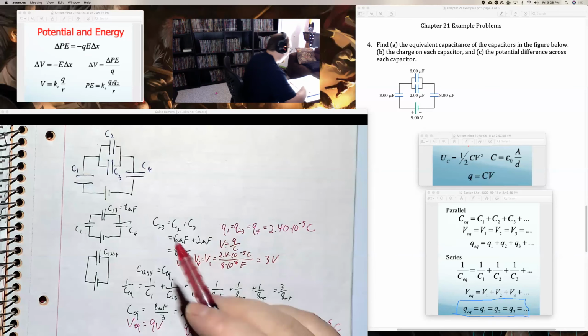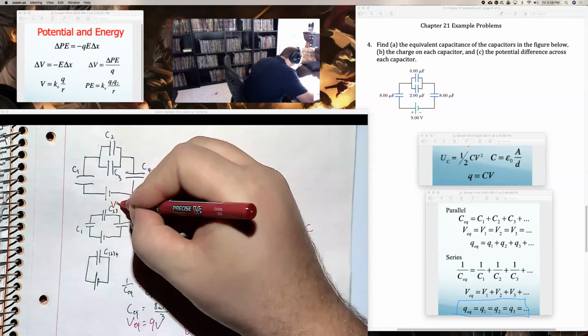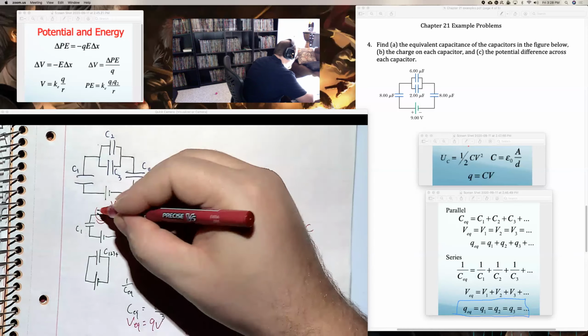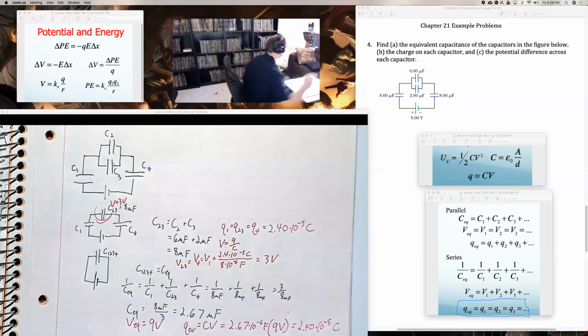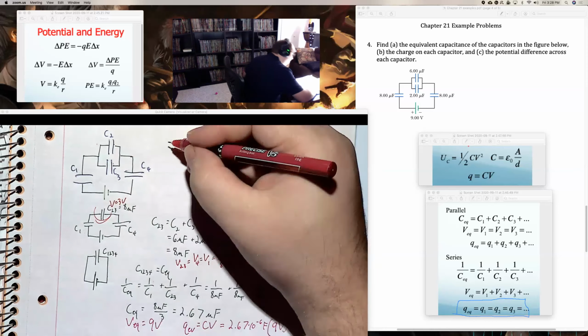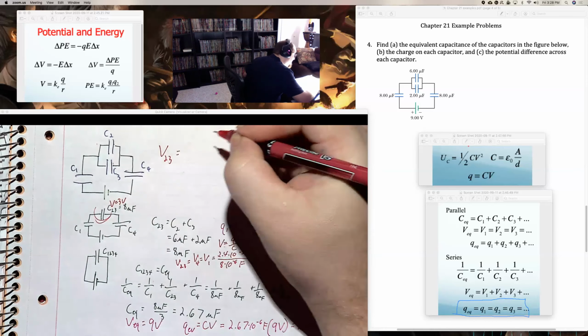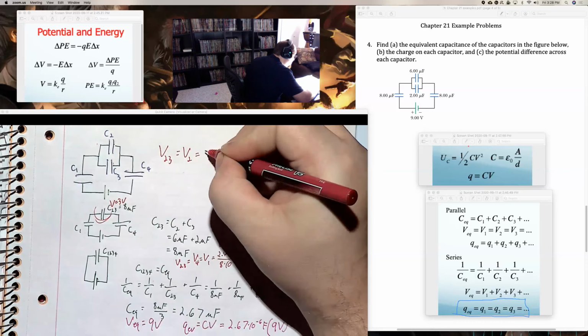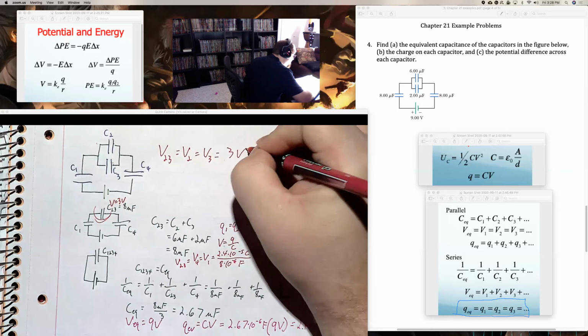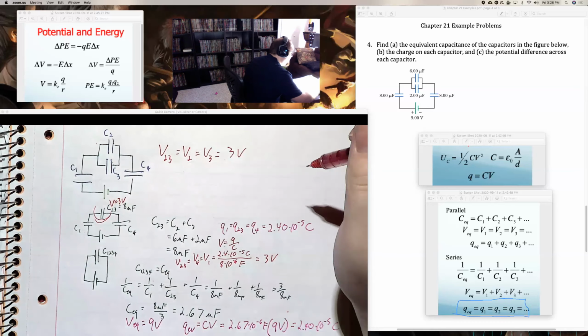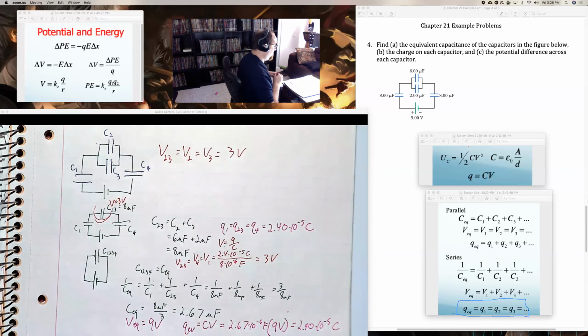But now I can say, okay, this guy has 3 volts over it. But this is made up of 2 capacitors in parallel. And in parallel, voltage 2 and 3 are the same as each other. So V2 is 3 volts, and V3 is 3 volts.